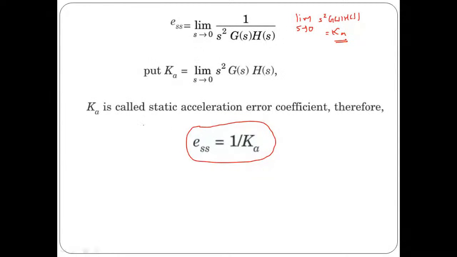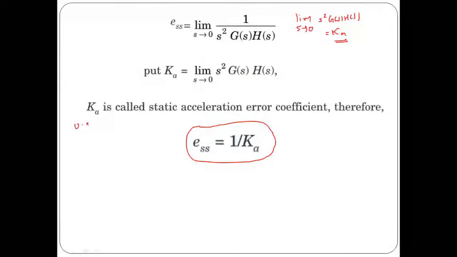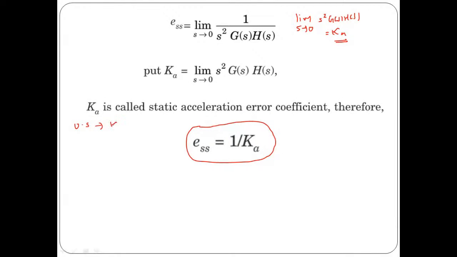So finally what we conclude is that if we have unit step, we have Kp, and the expression to calculate steady state error is 1 upon 1 plus Kp.